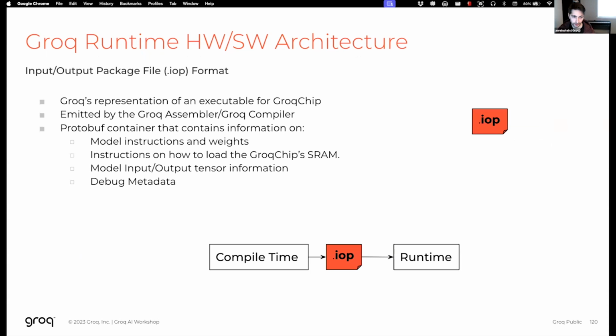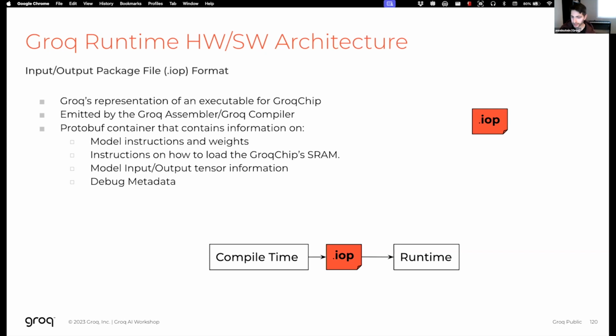So the IOP format, or the input-output package file format, is our representation of an executable for the GroqChip. This would be an ELF file, a .elf, or an a.out file on a traditional CPU. So described in other terms, an IOP file is our compiled and scheduled program, your compiled and scheduled model that can be executed on our hardware.